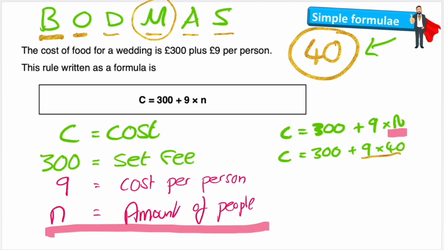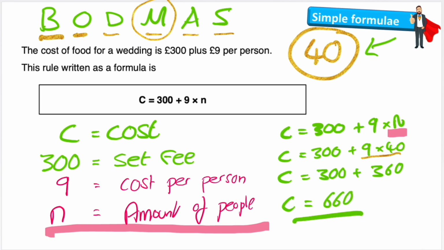So 9 times 40 is 360. So now I can write the next line. C equals 300 plus 360. Now I'm simply left with an addition question, and I can see that C equals 660. So the cost for this wedding would be £660 based on 40 people coming.